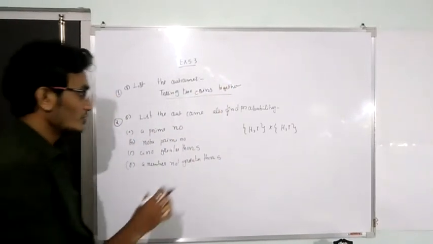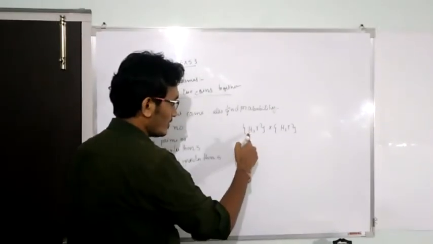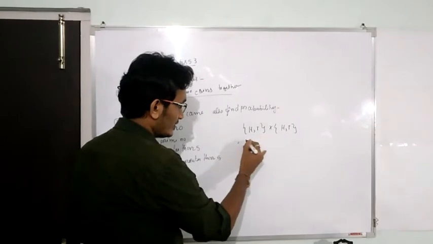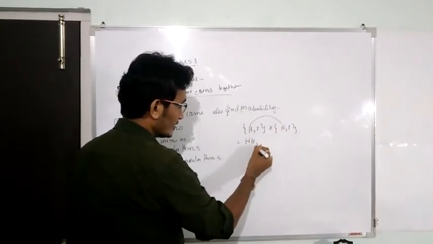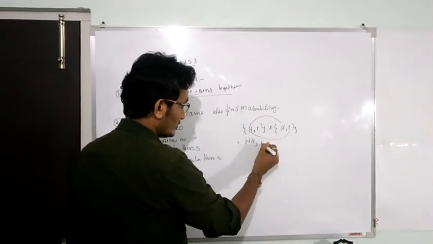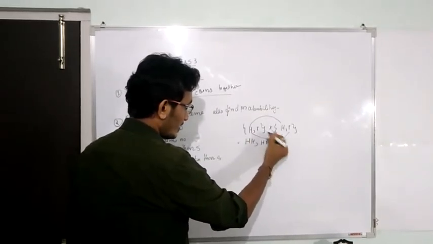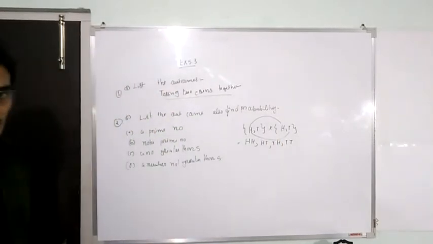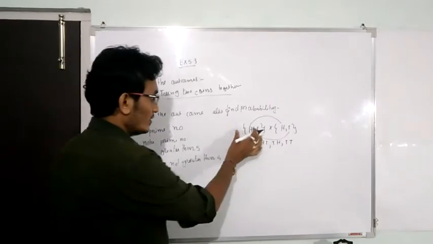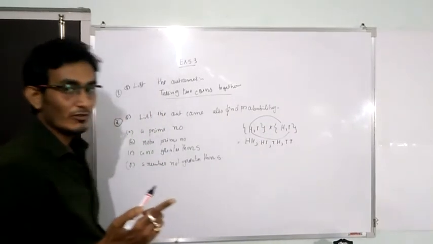So this is for one coin, this is for the other coin. What are the possible outcomes? Head head, head tail, tail head, then tail tail. Once again, let me tell you what I am doing. This is the outcomes for one coin, this is the outcomes for the other coin.